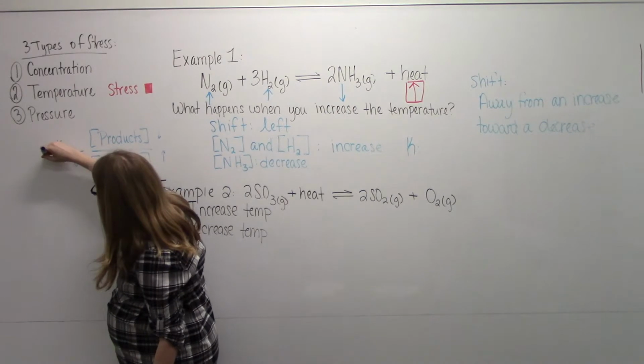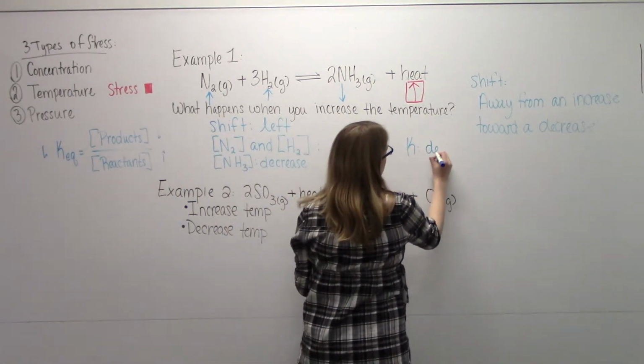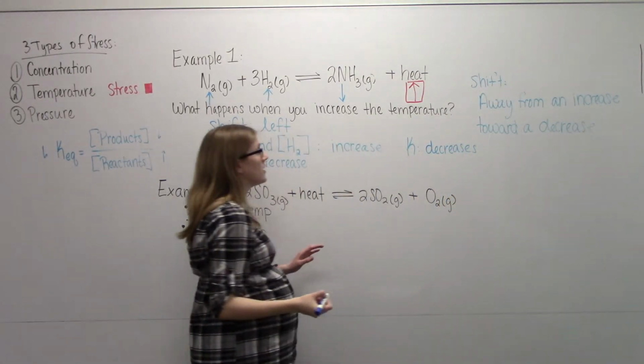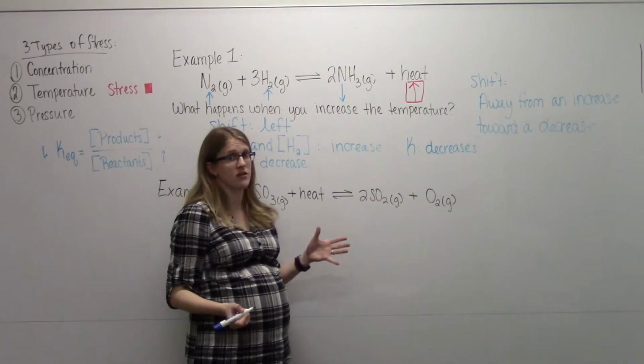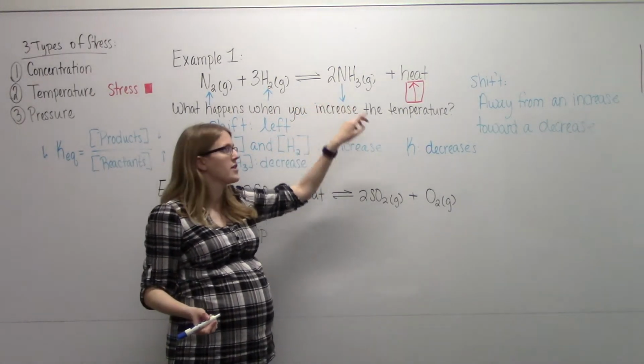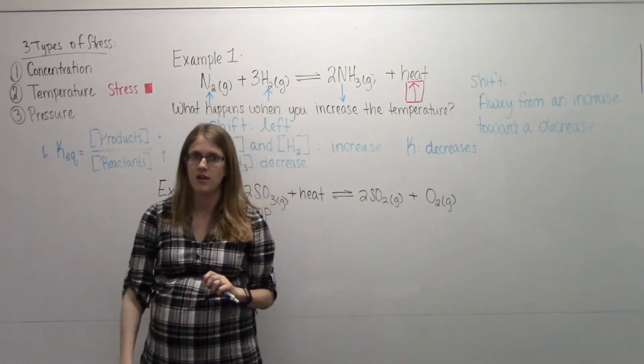Wouldn't that make K decrease? So the answer would be that K decreases. Whatever is happening to the products as a result of your shift, so in blue, whatever happens to the products in blue, that's going to be what happens to K, because products are on the top of our KEQ expression.